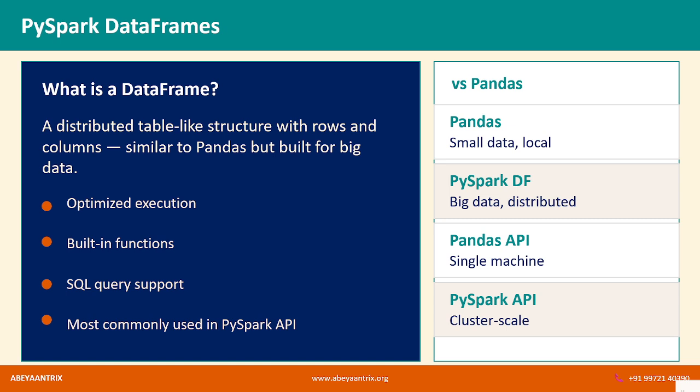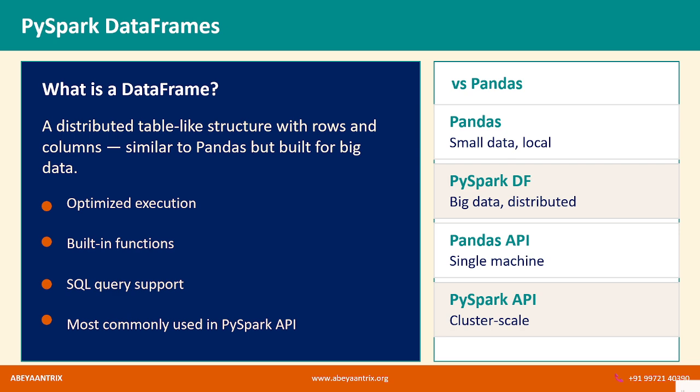When you compare these data frames with the data frames you create in pandas, pandas data frames are only for small data and local data. But the PySpark data frame is for the distributed system and big data.